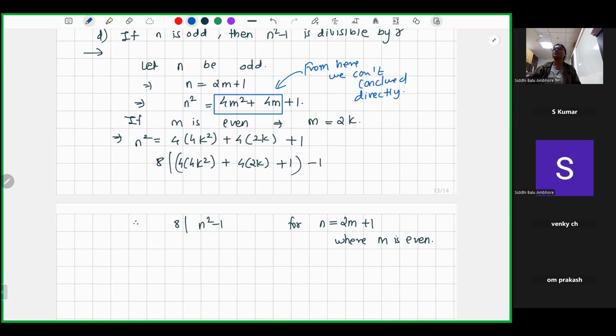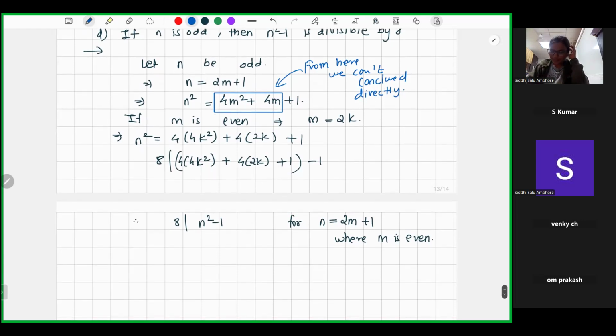If m is 1, then this statement is true, so even for odd m the statement is true. But from here, you can't say whether this 4m square is divisible by 8 or not. We can't directly guarantee that.